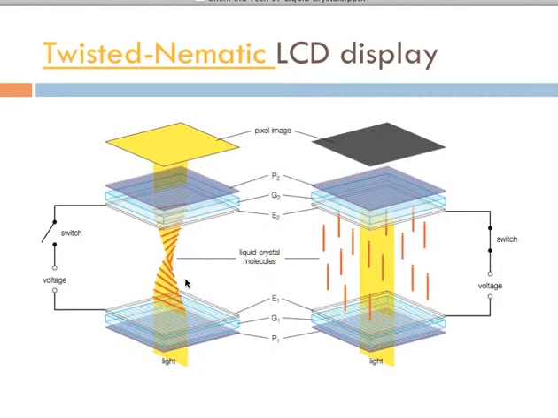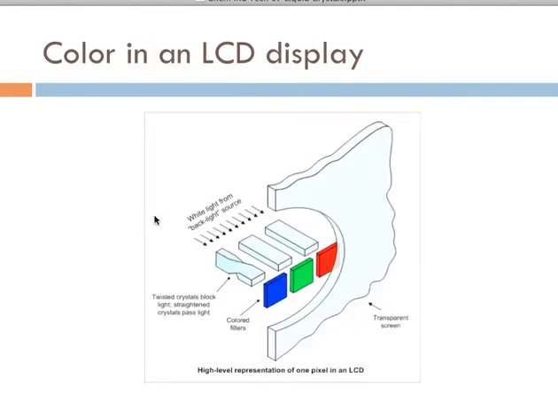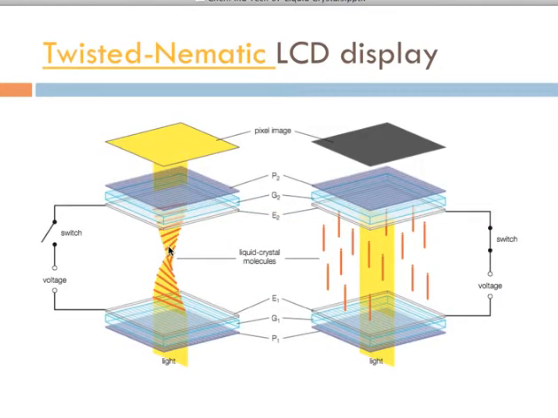Your liquid crystal molecules, when the switch is off, in between these two polarizing plates, line up with IMFs, and it actually twists in its natural arrangement. The difference is on these plates there are small ridges.